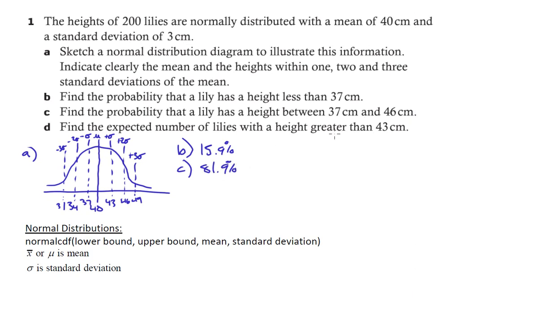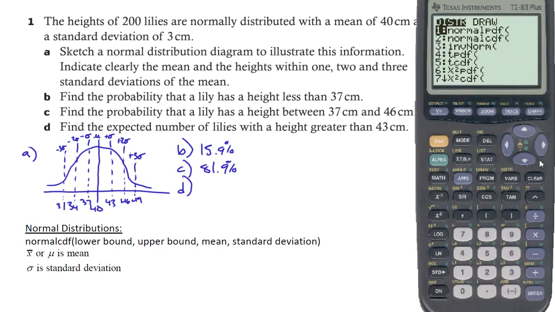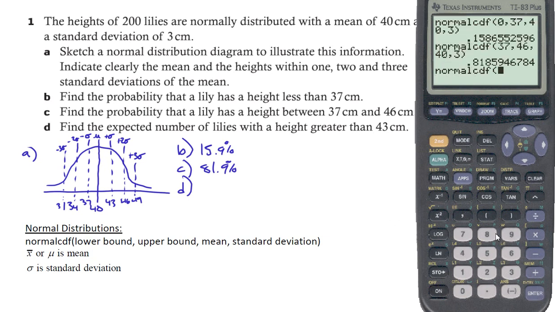That's the probability. Okay. D, find the expected number of lilies with a height greater than 43. So the first thing we're going to want to do is find the probability that has a height greater than 43. So back to our graphing calculator, second distribution, normal CDF, lower bound, it's greater than 43, so 43 is the lowest.